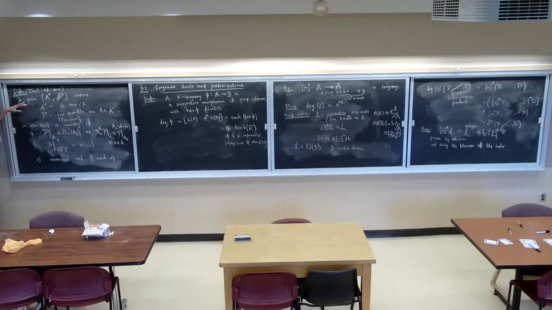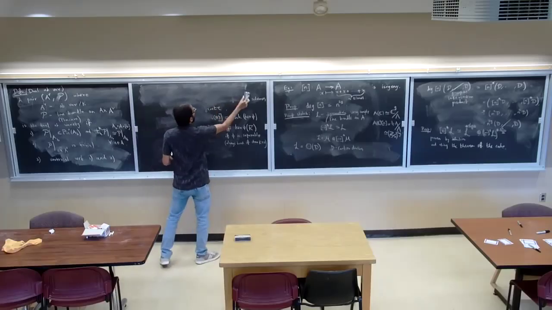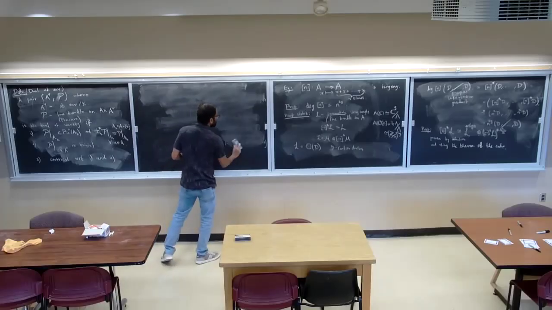Meaning that if you have any other pair satisfying these two conditions, there must be a morphism from that abelian variety into A dual, such that the line bundle there is simply the pullback of this line bundle under the induced morphism. Okay, so that is the definition of a dual abelian variety. Now we're close to defining polarization.